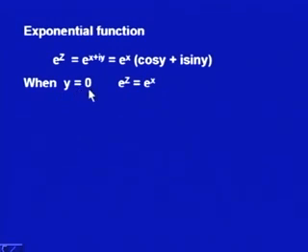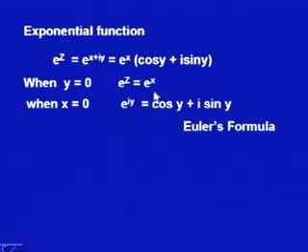So, when we take y equal to 0, then z becomes a real variable and e^z is the same as e^x, and when x is equal to 0, then this definition gives us e^(iy) equal to cos y plus i sin y, and this is known as Euler's formula.